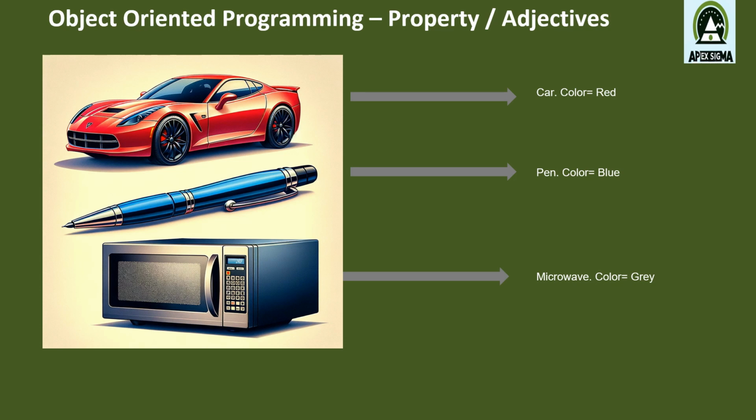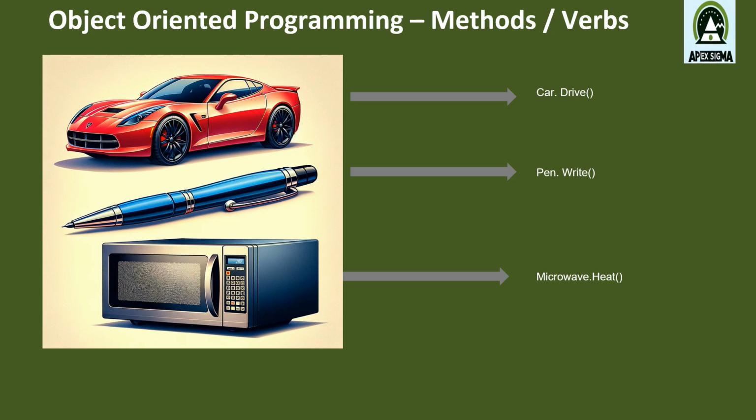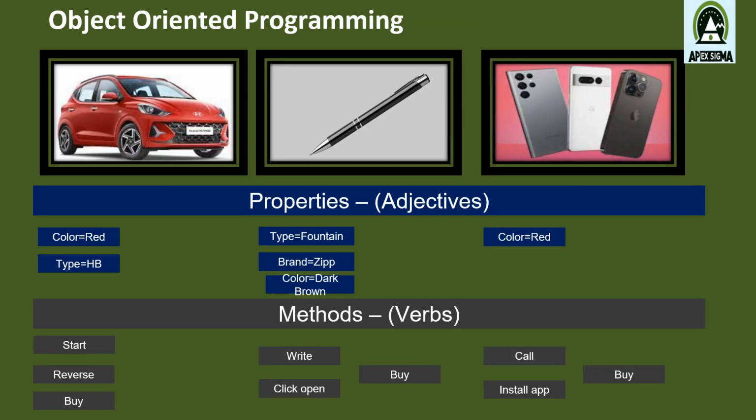Then you can write. So you have property, you've identified those objects, you've assigned certain properties to them. And then there's something called methods and verbs. For example, you can drive a car, right? And we just spoke about that. So when we speak about your objects, then we assign some properties. These objects on top are nothing but your nouns.